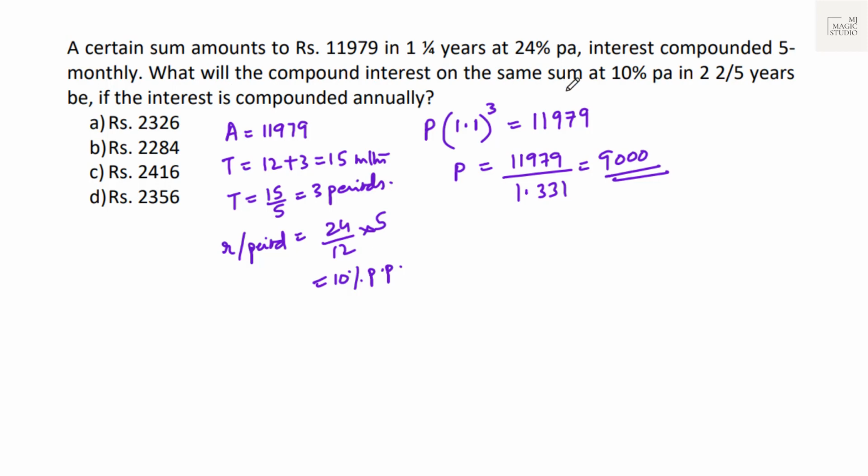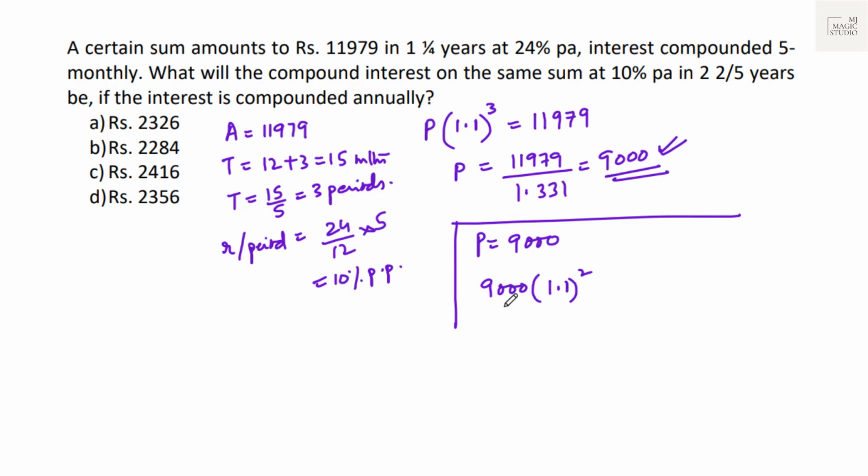First step done. Now what will be the compound interest on the same sum, that is 9000, at 10% per annum? Now the new data is principal 9000, 10% per annum in 2 by 5 years if the interest is compounded annually. So for the first 2 years the amount will be 9000 into 1.1 to the power 2.